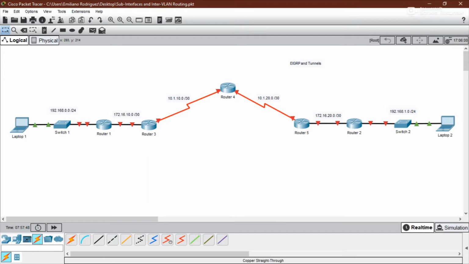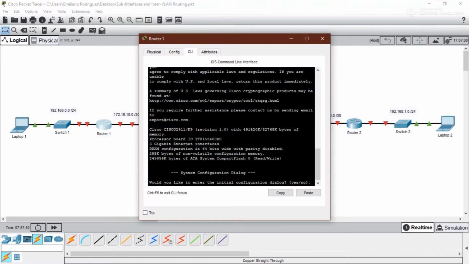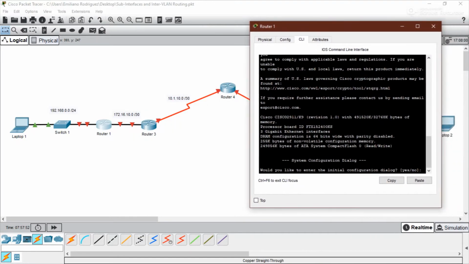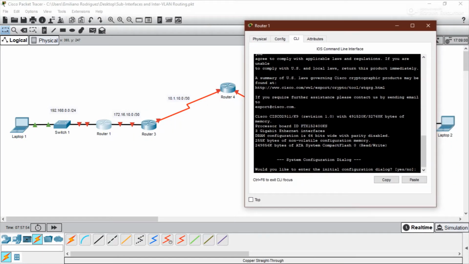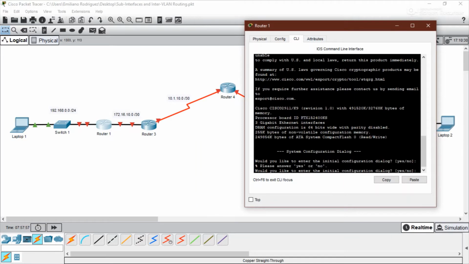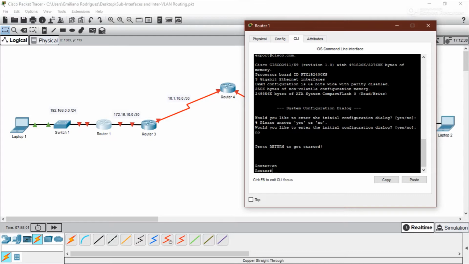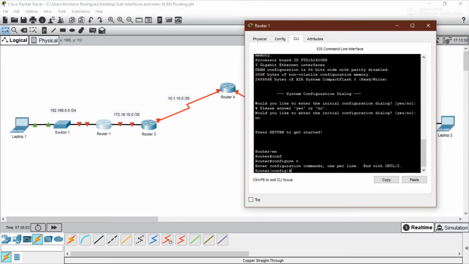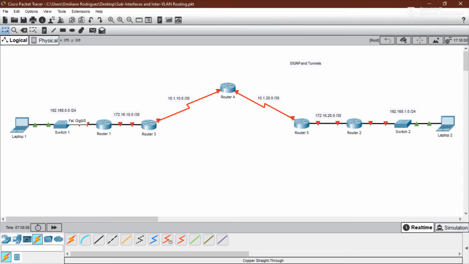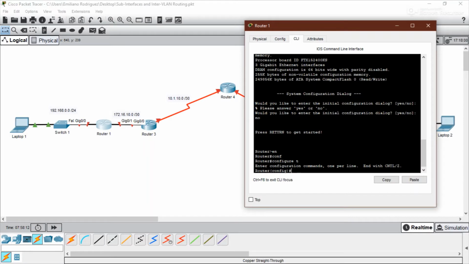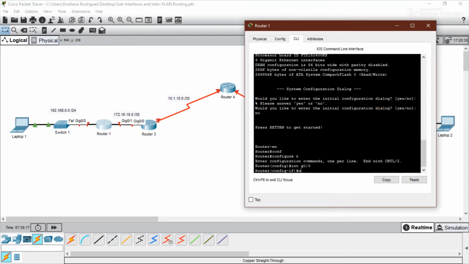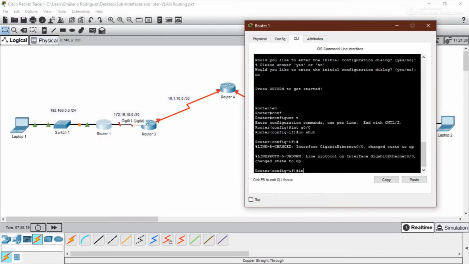We'll start by turning on all of our ports and configuring IP addresses. Router 1 is using Gigabit Ethernet 0/0 and 0/1. No shut.